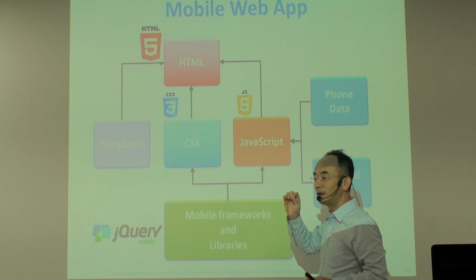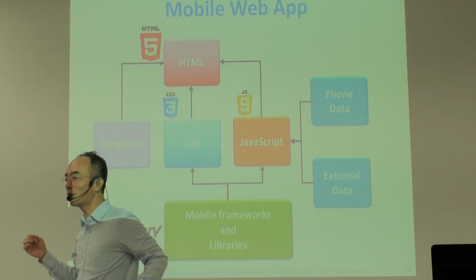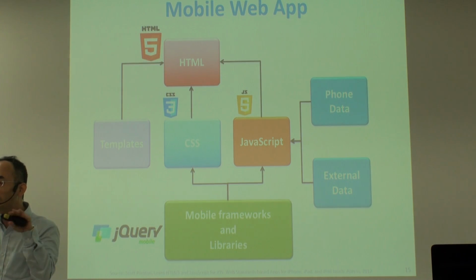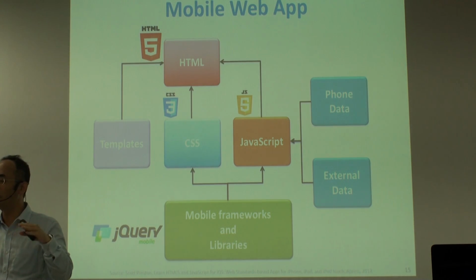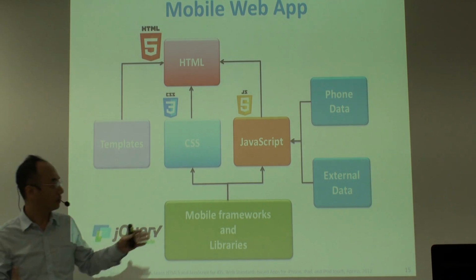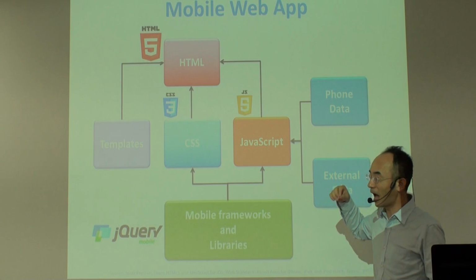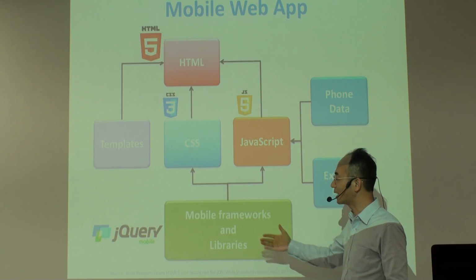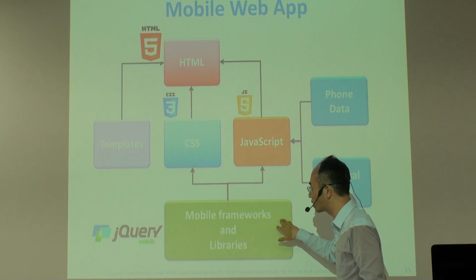However, please do not build your applications from scratch. You don't need to build your apps from zero. Please use a good framework as your backend. That is the fundamental part, the bottom. You have to use a powerful library like jQuery Mobile as your mobile framework and library.